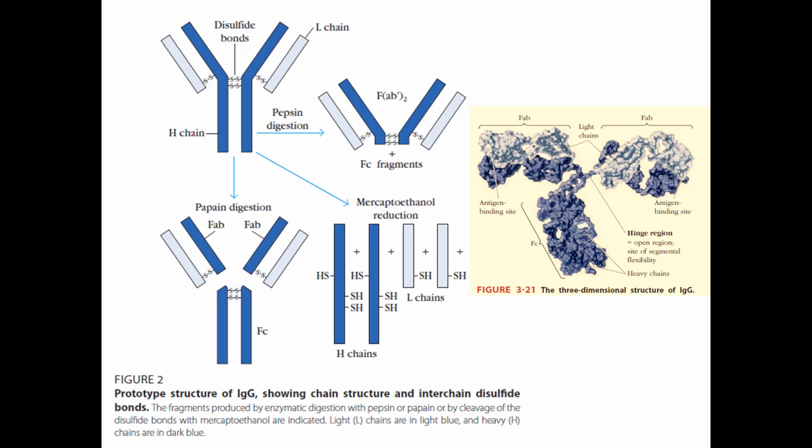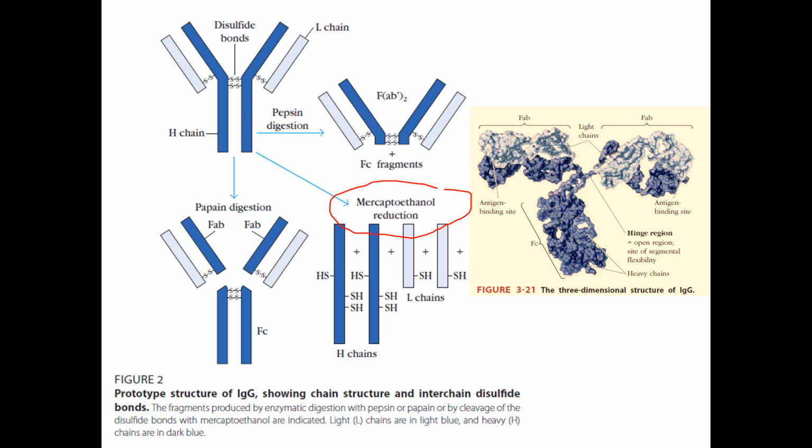Another important concept to know here is that the heavy chain and light chain can be digested in various ways. The heavy chain and light chain, as you know, are held together by disulfide bonds. So if we perform beta-mercaptoethanol reduction on them, these disulfide bonds will get reduced, and we will get individual heavy chains and light chains.